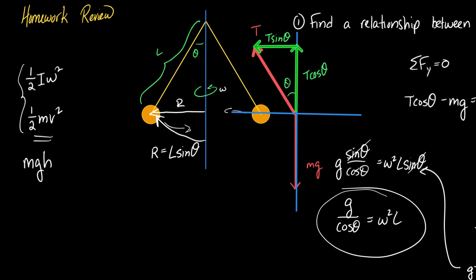So we'll probably have to replace v with omega times r. So our total energy will be mgh plus 1/2 m omega times r squared.